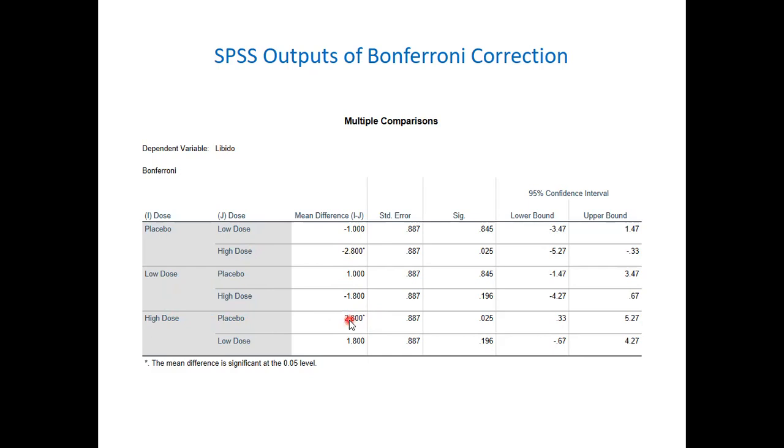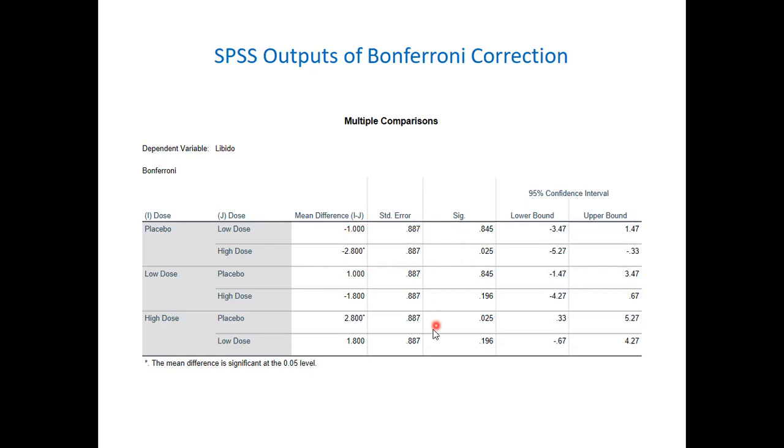The same thing applies to low dose and high dose. The low dose is 3.2, the high dose is 5, and the difference between 3.2 and 5 is minus 1.8. When you come to high dose and low dose, it's the same 1.8. So you see that two of them are the same; one carries minus, one carries plus.